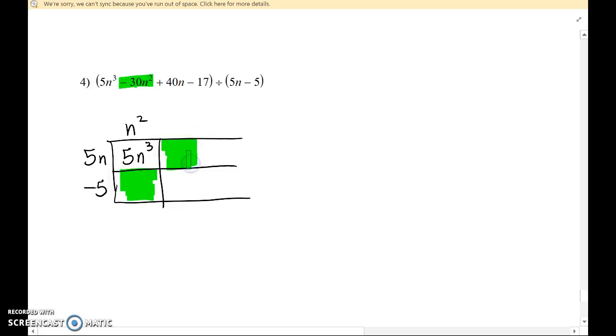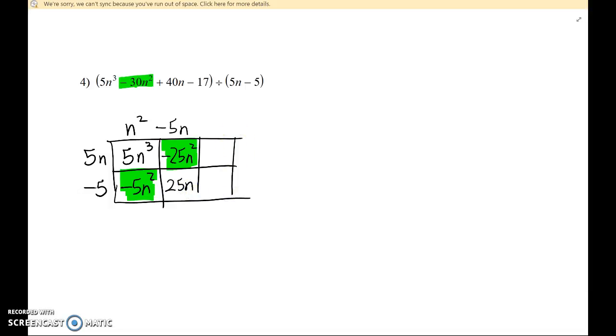And so these here will give us our next term, and I guess we need to figure this one out. So it is a negative 5n squared, and we have negative 30n squared, so I need a negative 25n squared. And 5 times negative 5 is our negative 25, and n times n is n squared. And so negative 5 times negative 5 is 25n.